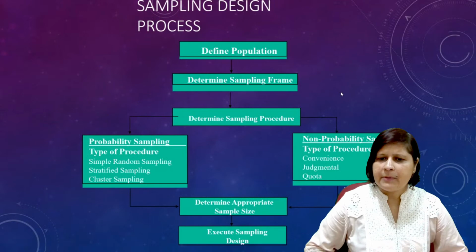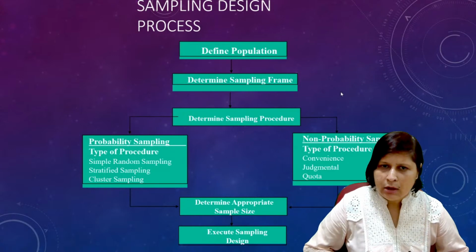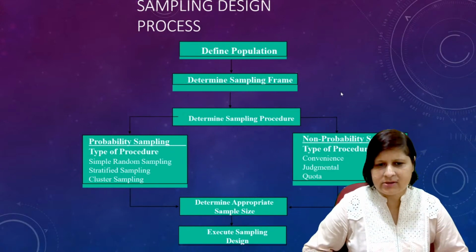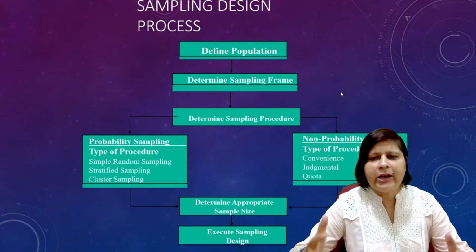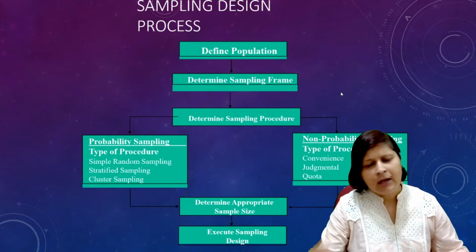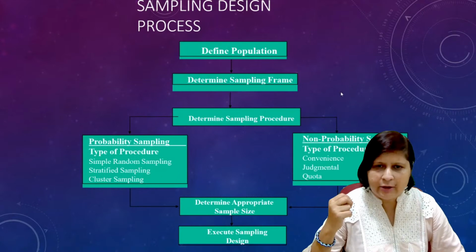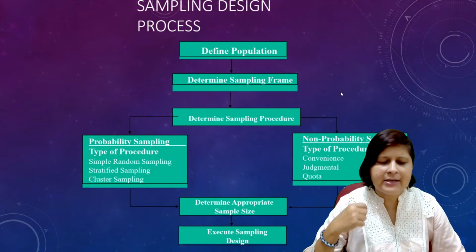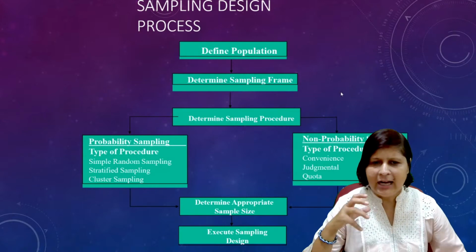First of all, define the population, sampling frame. We have defined the sampling frame. Now we have to find out the sampling design process, determining the sampling procedure. How can we take this sample from the population, from the sampling frame? There are two ways we can choose the samples from the sampling frame: through probability sampling techniques or through non-probability sampling techniques, right?